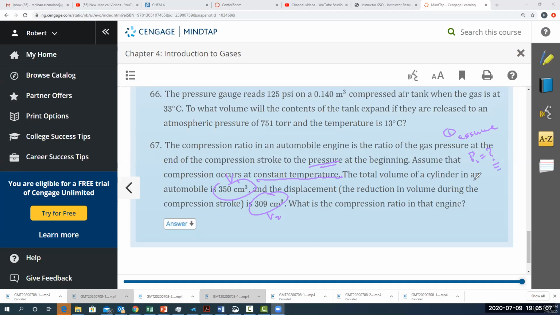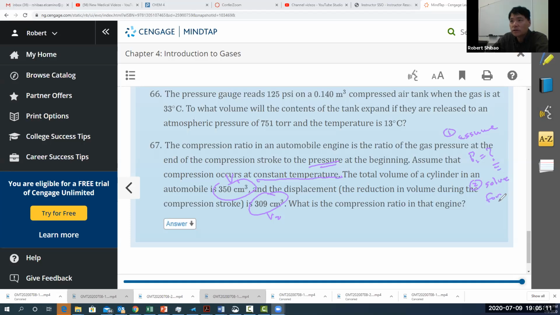Or number 2, we solve for an equation, and the equation is going to have P1 in there so that we can see what happens to it. What we're going to do is figure out what P2 is based on P1.